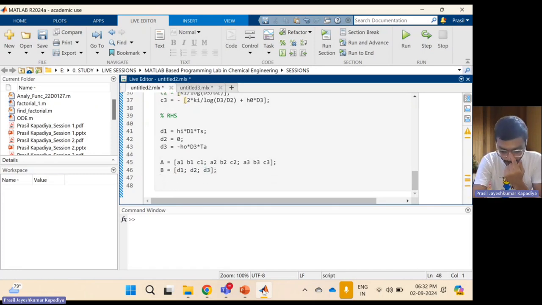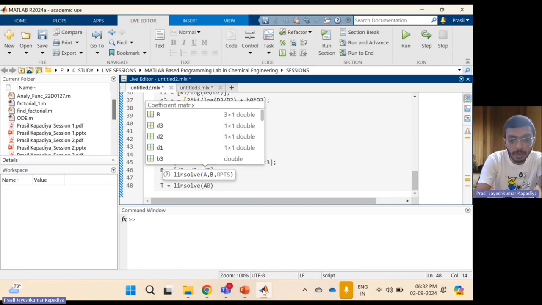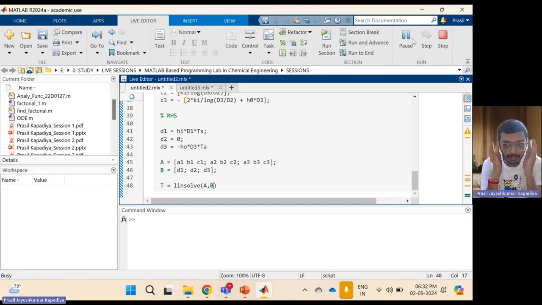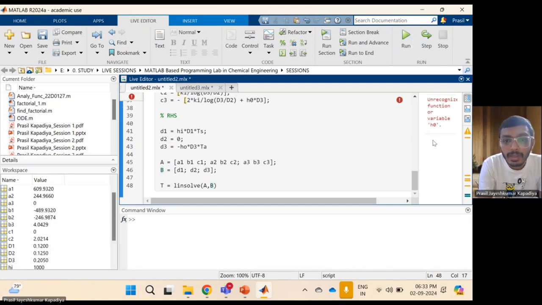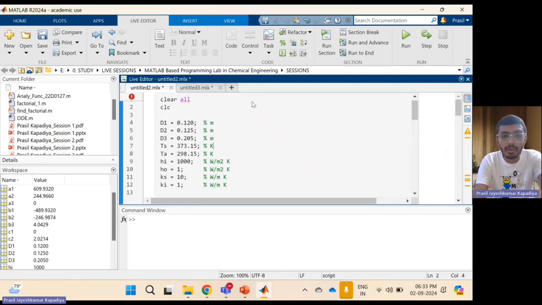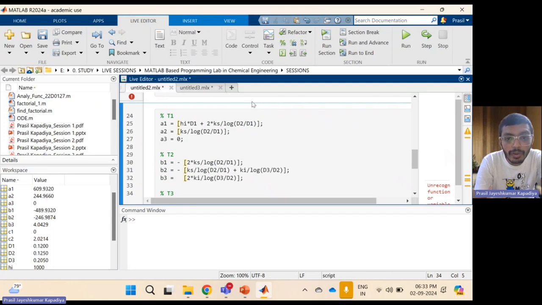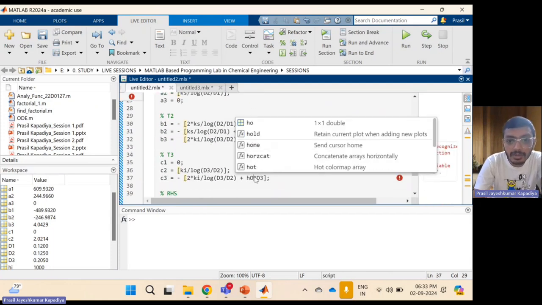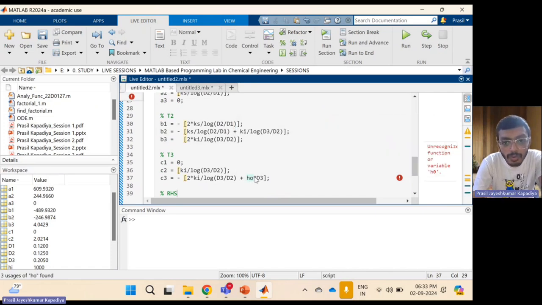Now what I need to do, T is equal to linsolve of A comma B. Let's try to solve it and see what are we getting. Okay, here I have written H0, not H small o. And when I am writing this equation here, I am writing H0. So it should be H small o.